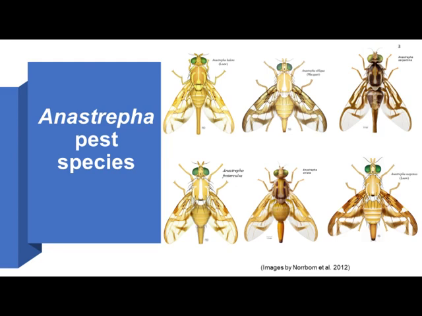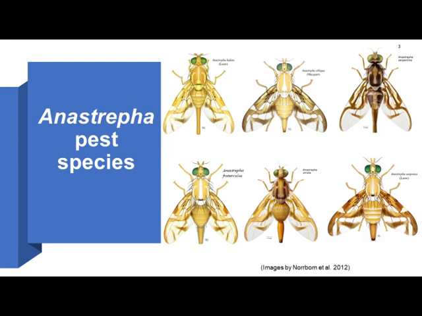One of them established in Florida since 1965, and the other one, Anastrepha ludens, has had multiple incursions in Texas and a few in California.